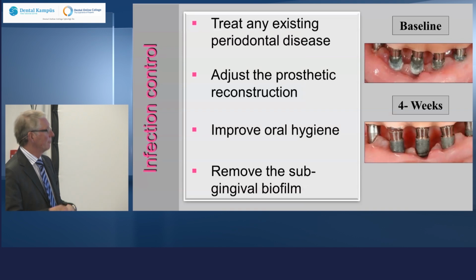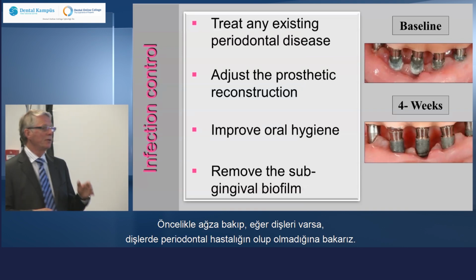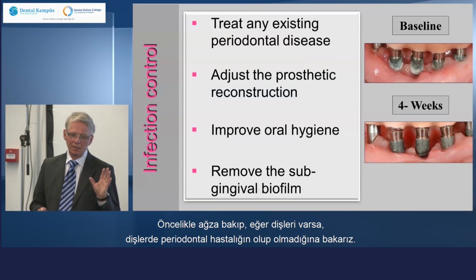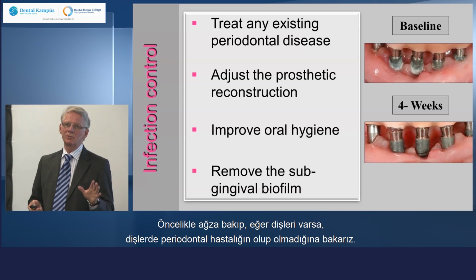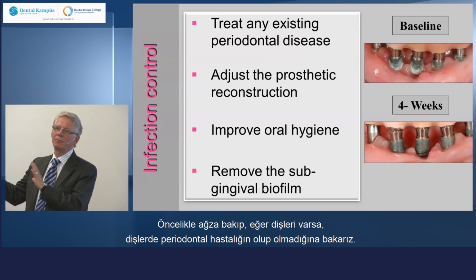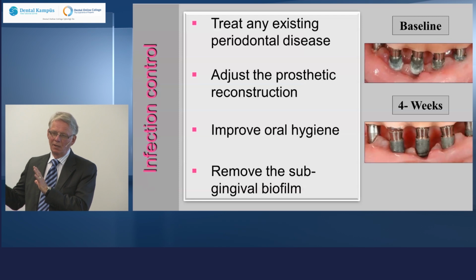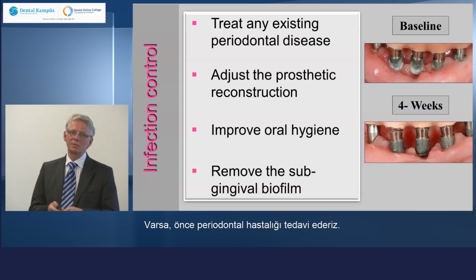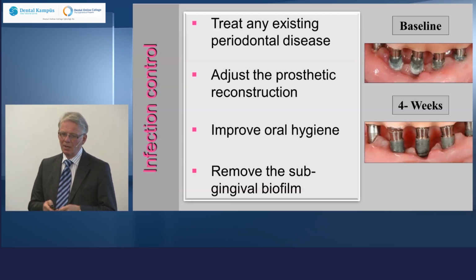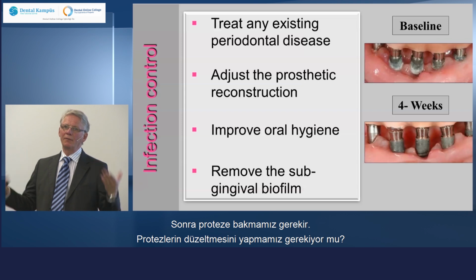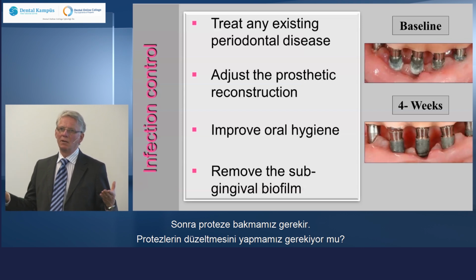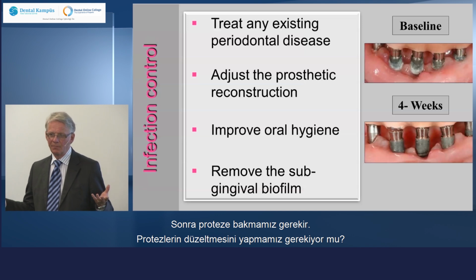So first of all, we look in the mouth. We see if there is any periodontal disease on the teeth, if the patient has teeth present. If so, we treat the existing periodontal disease. Then we have to look at the prosthesis. Do we have to make adjustments of the prosthesis?